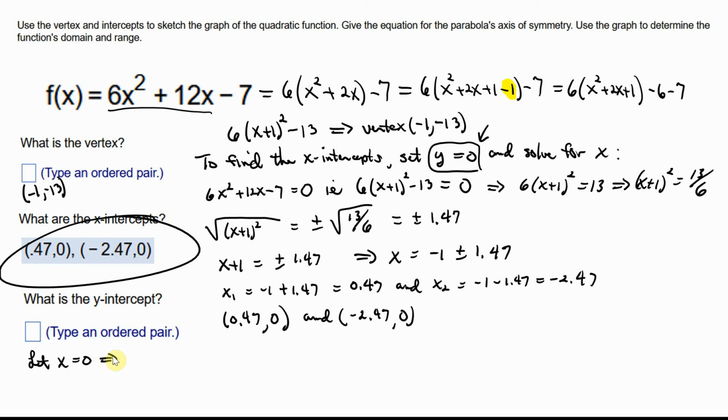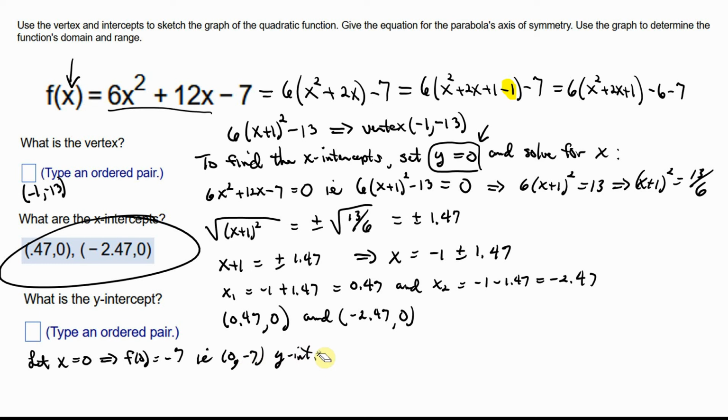So that implies, go back up here, put x equals 0. f of 0 is equal to just negative 7. So I have 0, comma, negative 7. 0, comma, negative 7 is the y-intercept.